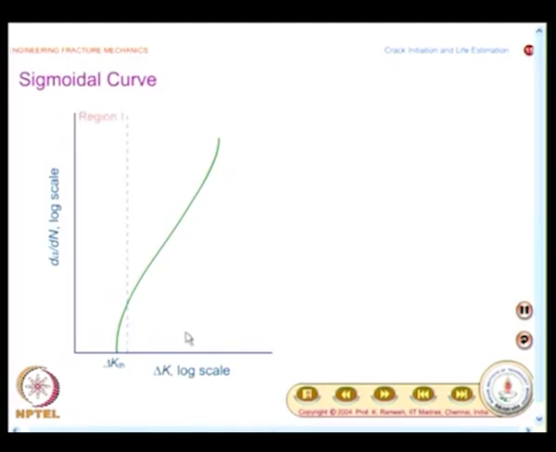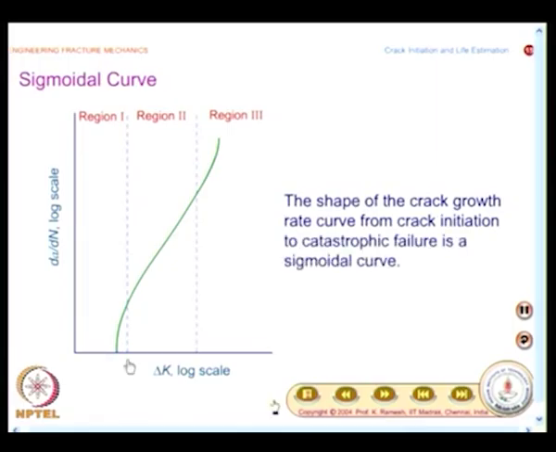And you have a phase wherein delta k threshold is required for a crack to get initiated. This could be called as region 1. There is a growth phase which is called region 2. There is a catastrophic failure which is called region 3. So, if you look at the complete graph of a crack growth, this is known as a sigmoidal curve.